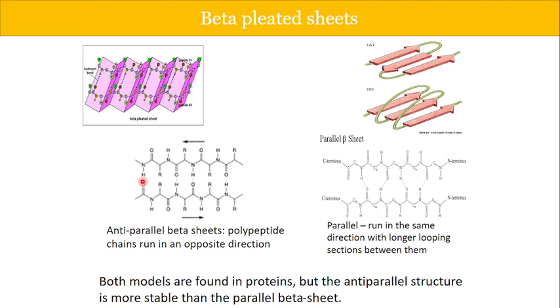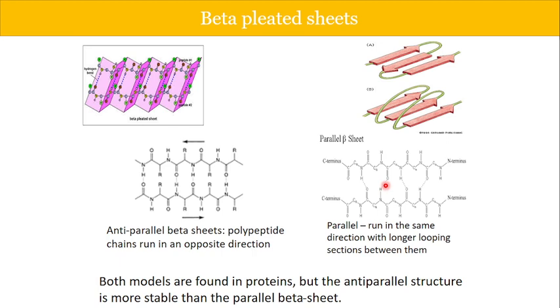Whereas from the parallel beta sheet point of view, they have longer looping sections, and the distance between the hydrogen and the oxygen is in a somewhat crooked manner, or the distance between them increases.